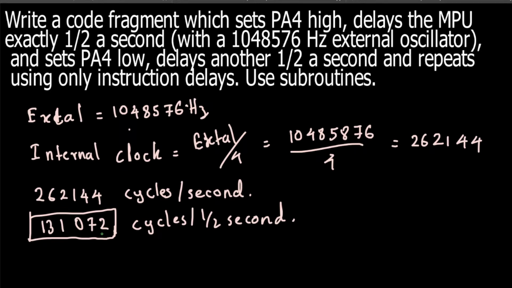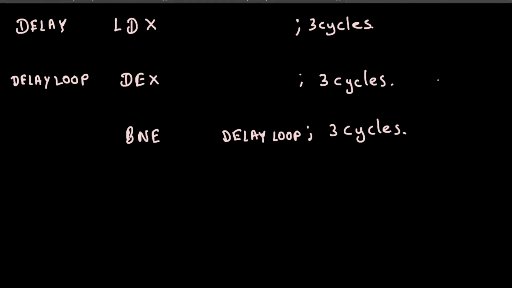Okay, 131,069, and I'm trying to divide this by 6 to see how many times I need to run. If it becomes a whole number, no problem, but if it's fractional, then we have to do something. So that gives a fractional number, so that's not going to work very well.